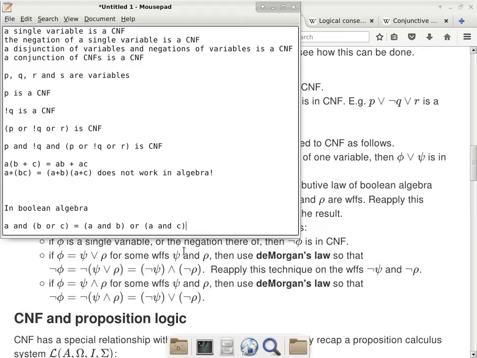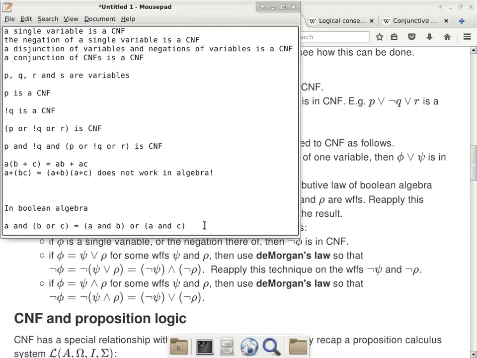It's really easy to prove. And this one works, but it doesn't help us because it doesn't convert a non-CNF into a CNF. Well, in a way it does because, when you have this on one side, if you start with this, it will turn it into a CNF like this.